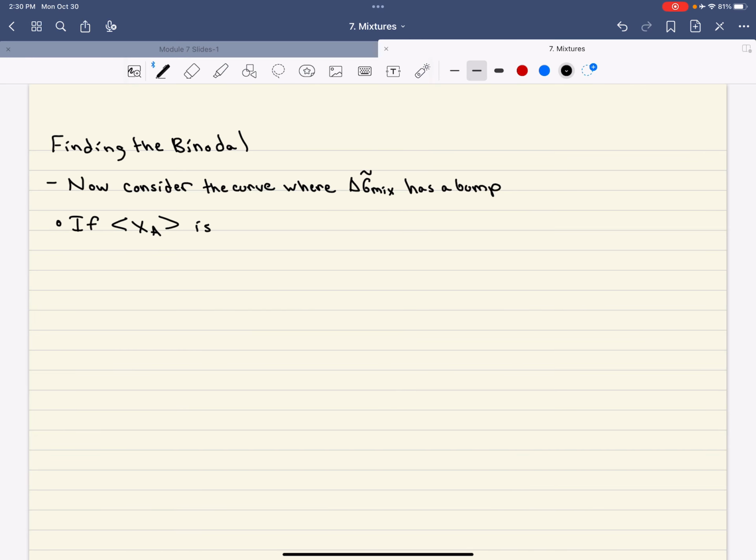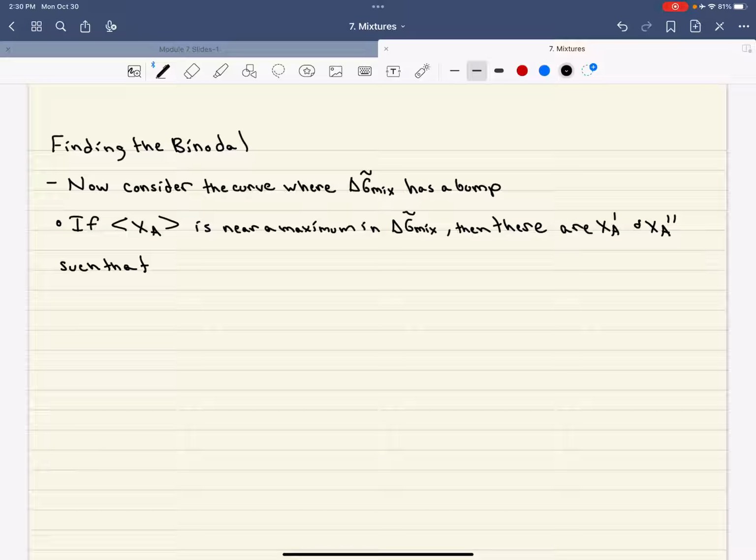So if xa is near a maximum in delta G mix, then there are two different compositions, or the composition of two different phases, such that a straight line between them would lower delta G mix.